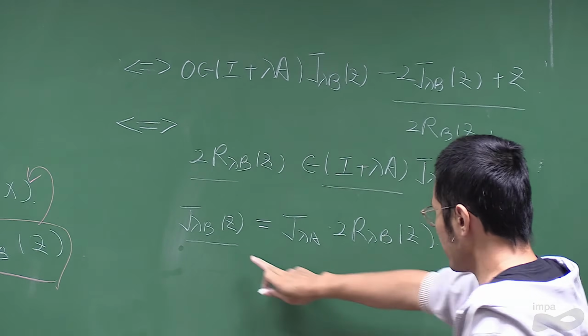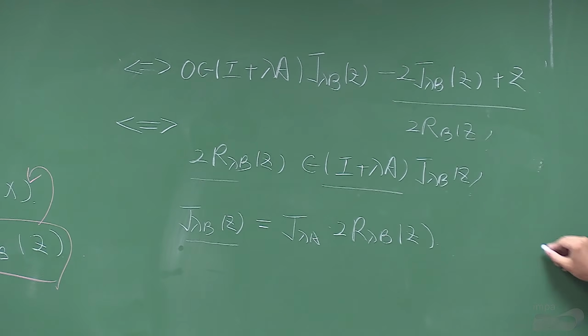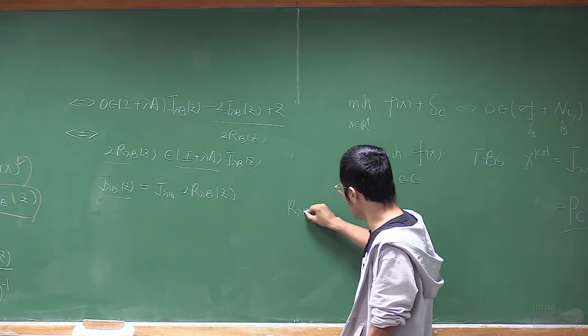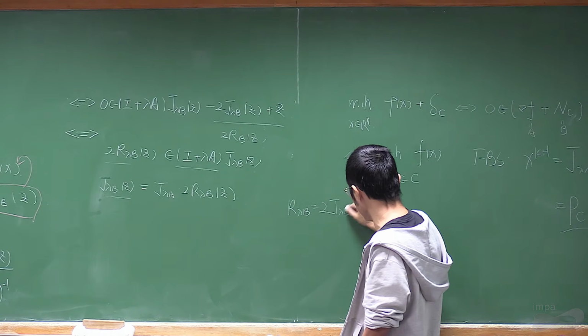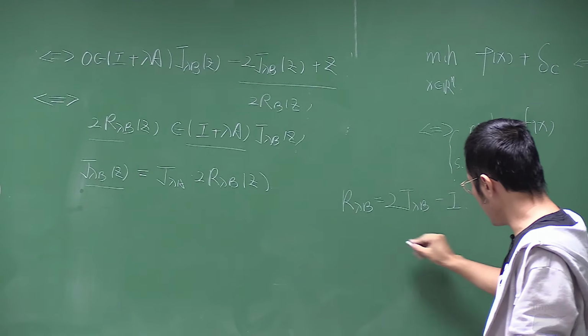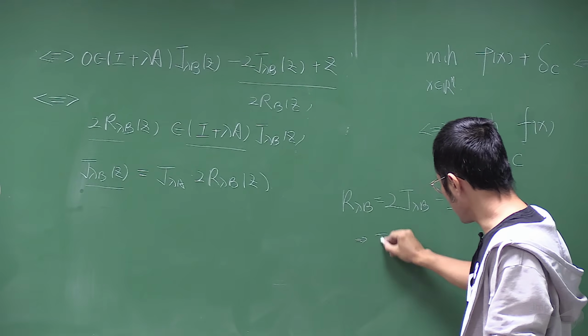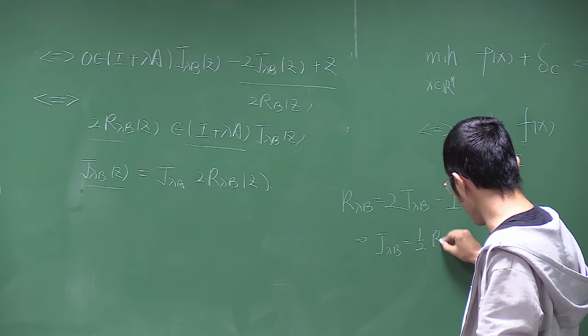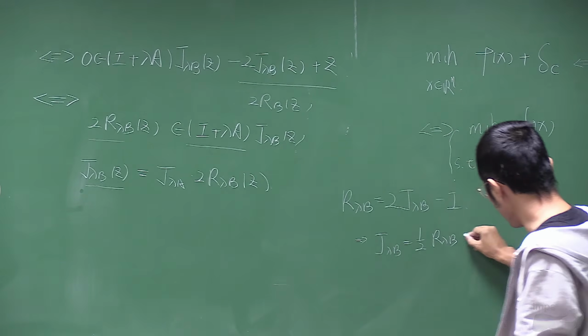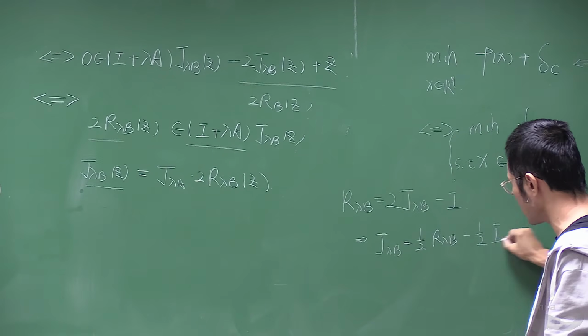I write the definition of reflection here. The reflection of B equals 2 times the resolvent of B minus I. Then we can have the resolvent of B equals 1 over 2 reflection of B minus 1 over 2 identity.